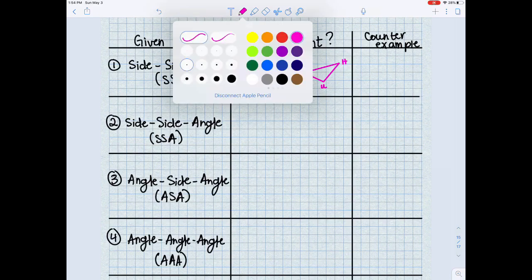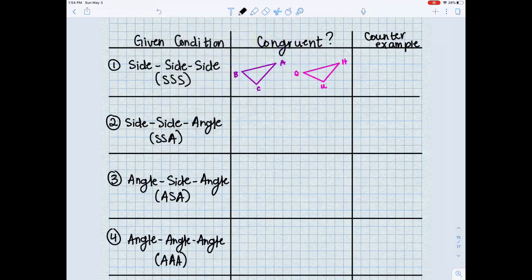And the way that we show that sides are congruent to one another, other than writing out congruence statements, we use tick marks. So the side AB, this side here, we'll put one tick mark inside. That should be congruent to side HQ, so we put one tick mark there. BC is congruent to QU, so I'm going to put two tick marks in there, because BC is definitely not congruent to AB.